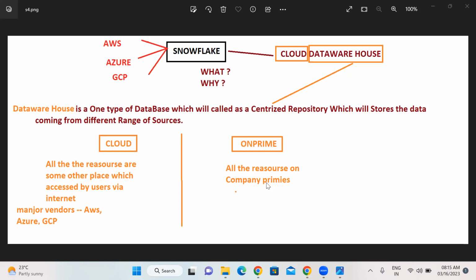And coming to the database, a data warehouse is one type of database. What does it mean by database? Databases are of different types, but the most commonly used are RDBMS, relational database management systems. Every organization uses multiple applications to fulfill their requirements.